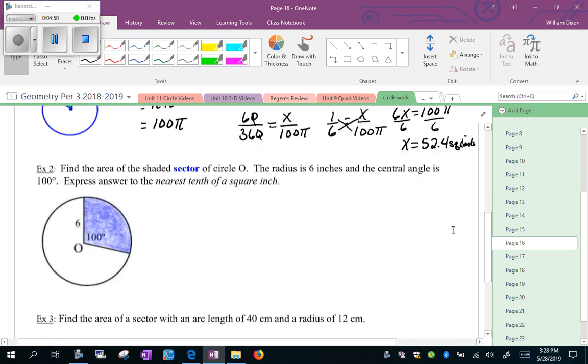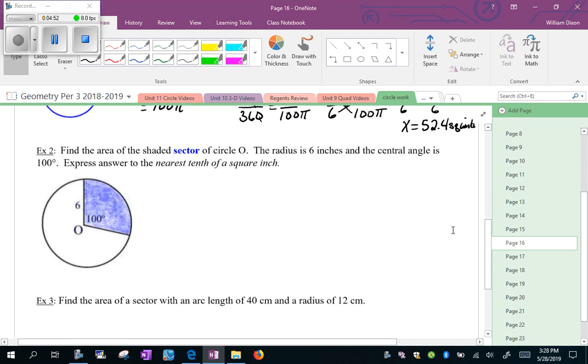The first thing I'm going to do is find the area of the whole circle. So area, again, equals pi r squared. I know that my radius is 6, so that equals pi times 6 squared, or 36 pi.